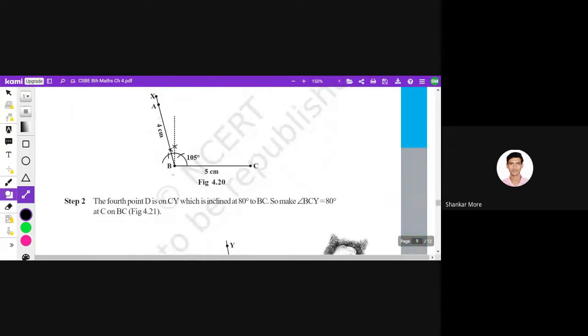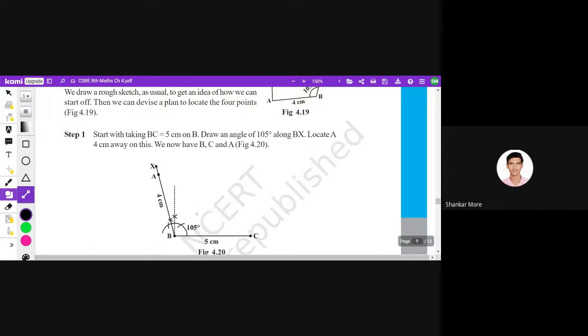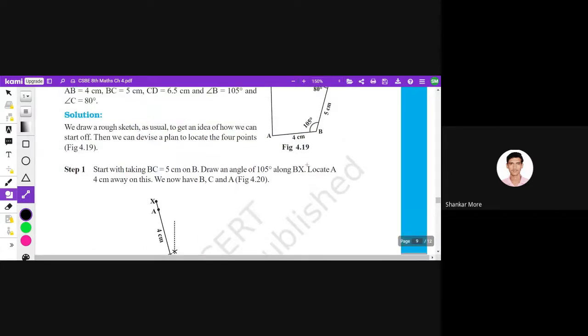See, हम यहाँ पे एक line BC draw करेंगे 5 centimeter का, right? और we know two angles. We know angle B as well and angle C as well. Allow me a minute.